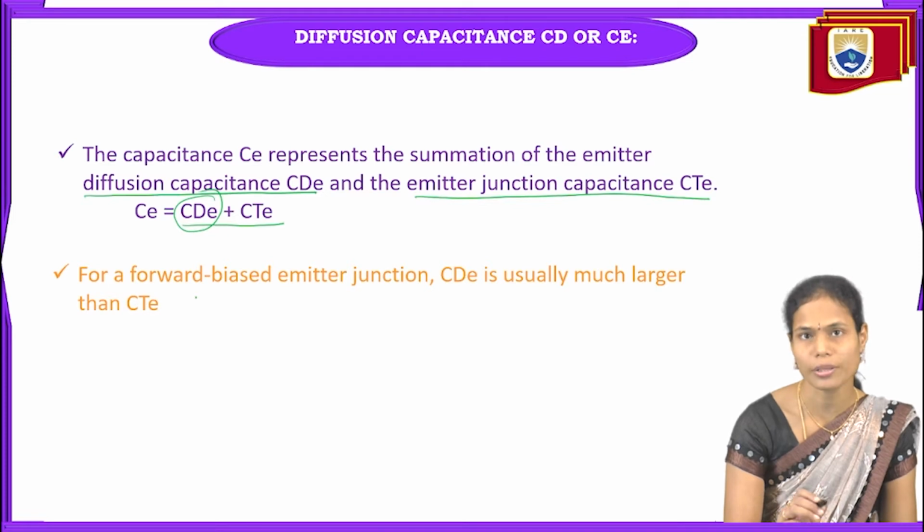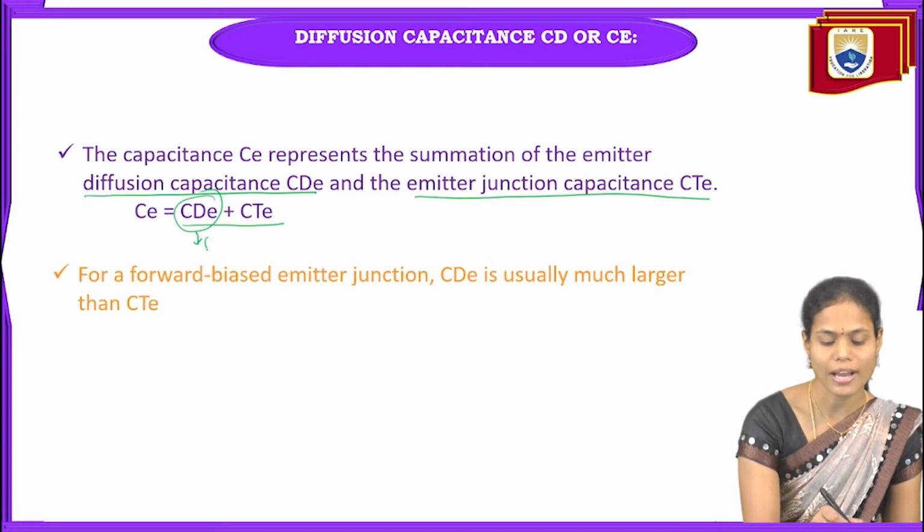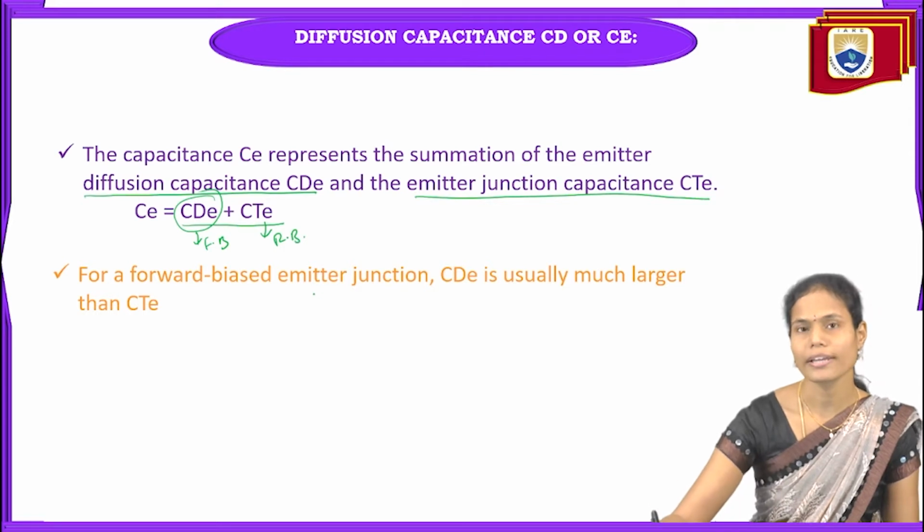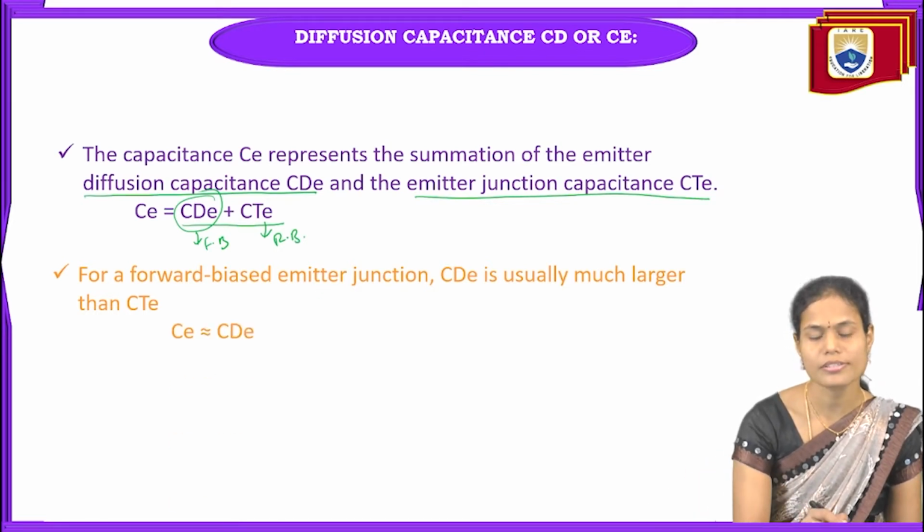Why? Because, as I have already mentioned, it is the forward biased capacitance and this one is the reverse biased capacitance. So that's why CDE is very high compared to CTE. So I can take Ce as approximately equal to the highest capacitance, that is CDE.